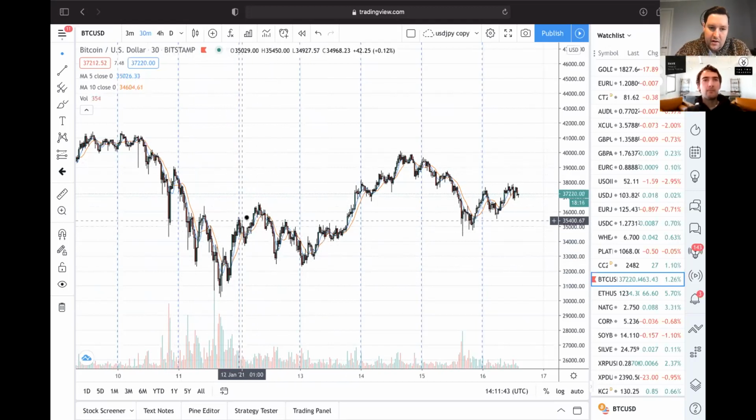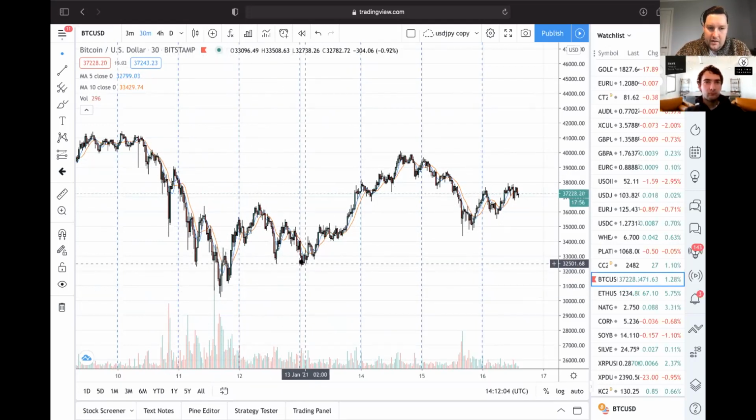Now, where would I look at getting in? Well, you do have an option here. Probably not the best, because this high it's not really taking out this one too well. But my main entry point would probably be looking around this area here, because we're coming up, we've made a new higher low here. And I think this is a good entry point here.